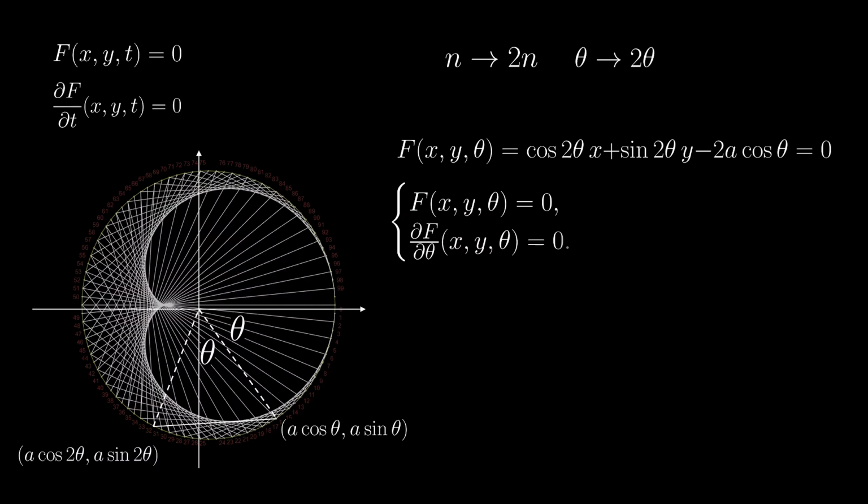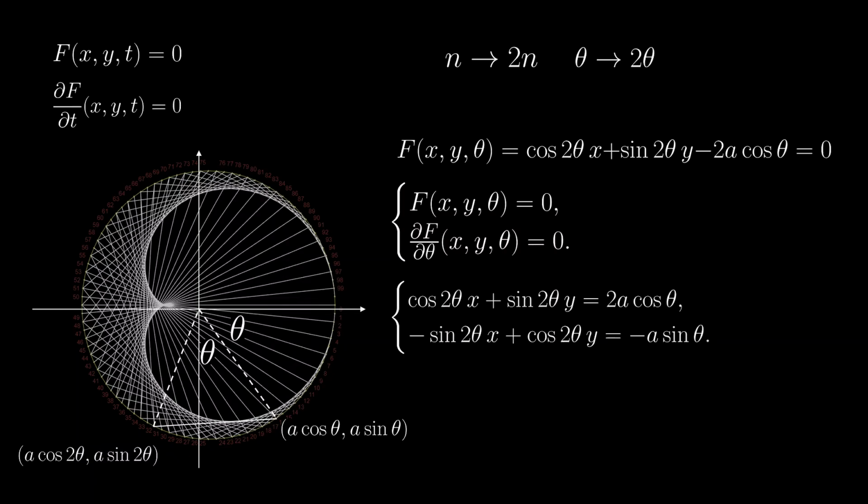So, I now have two linear equations in x and y. Cosine 2 theta x plus sine 2 theta y equals 2a cosine theta, and sine 2 theta x plus cosine 2 theta y equals negative a sine theta.